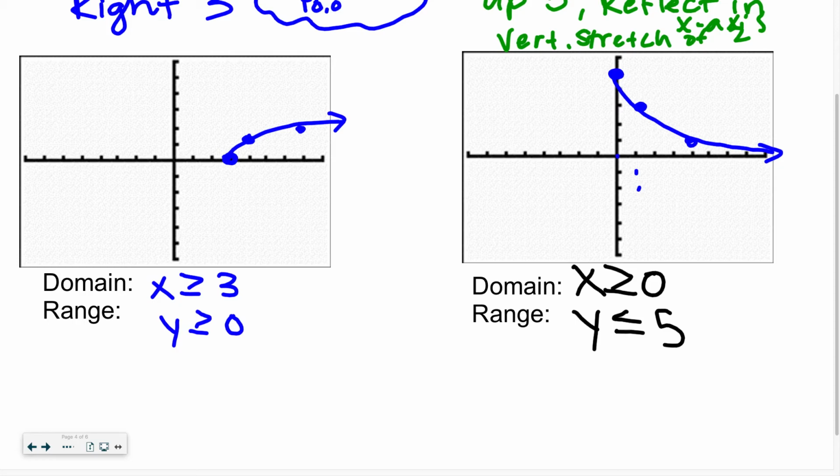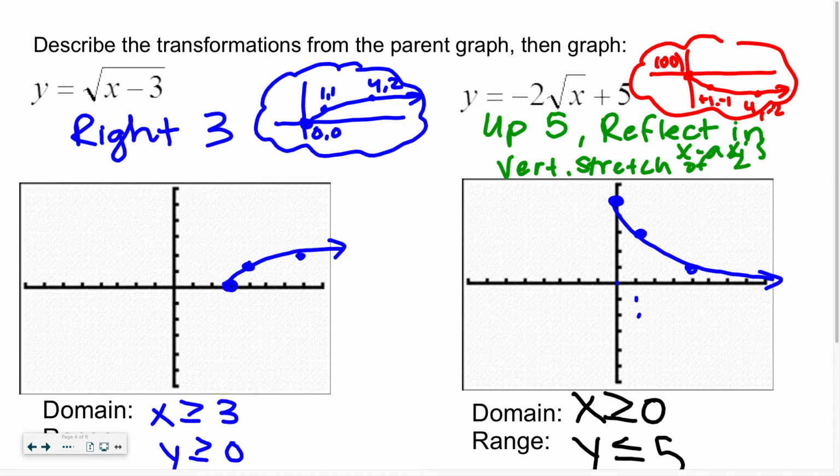I don't understand if it was a reflection, when the negative would have to be below the x-axis. You reflect the parent graph first. So if you're thinking about graphing, see how this says plus 5 in the function? It is up 5. So in order for you to get that to look like up 5, the reflection happens right away. Do you see my red picture compared to my blue one right over here?